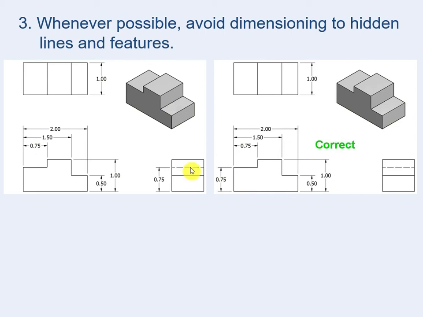The rule says don't dimension to a hidden line. Whenever possible. That means sometimes we have exceptions. But in general, don't put a dimension to a hidden line. So the correct thing, guys, is to move the 0.75 from the hidden line here to here.